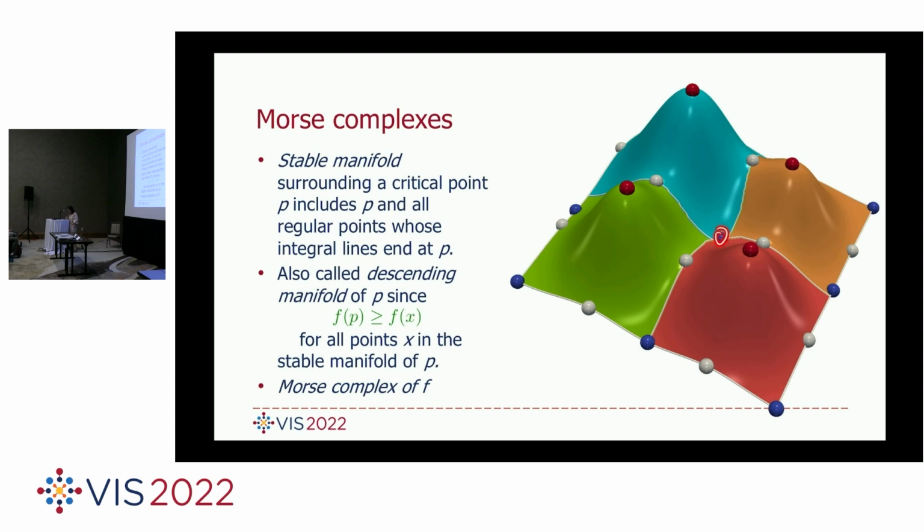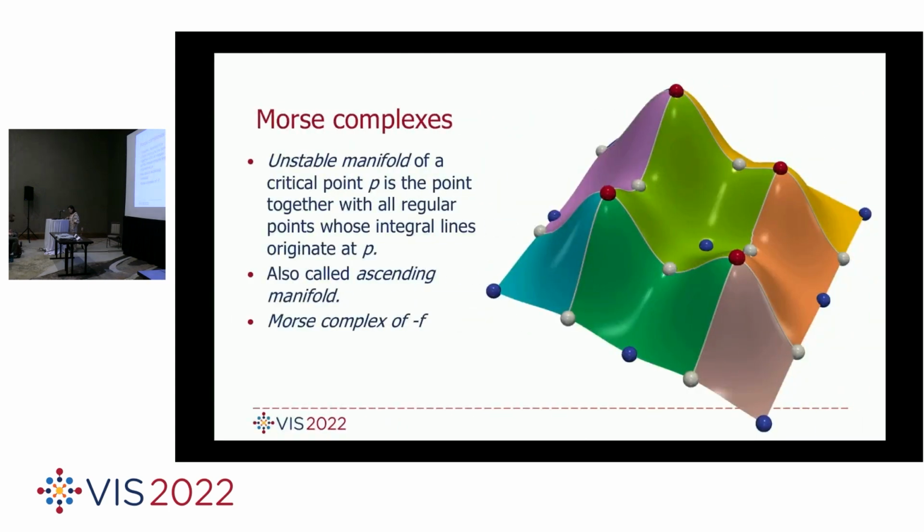So we have critical points, and the connections between the critical points, which are one-cells, and then the two-cells are the partition of the domain into those colored regions. Think about the stable manifold as one that is surrounding a local maximum. Then the unstable manifolds are the ones that are surrounding a local minimum.